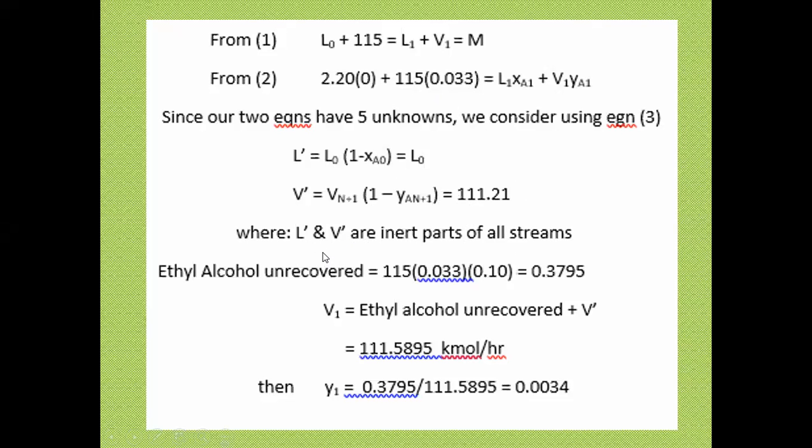Now, we need to determine the corresponding amounts of this XA1 and YA1. For us to know that, we need to know the unrecovered ethyl alcohol. The unrecovered ethyl alcohol will be 10% of the original ethyl alcohol present in our mixture. So that would be the amount of the mixture multiplied by the percentage of ethyl alcohol, times 10%, or 0.10.